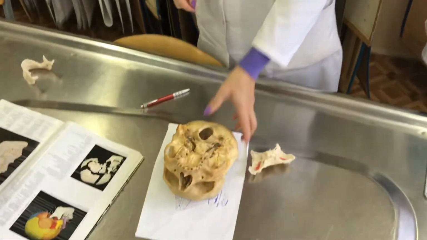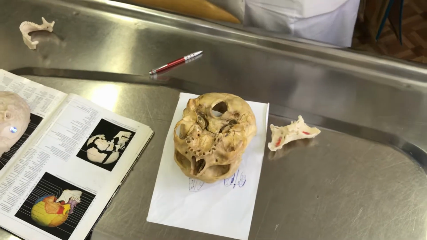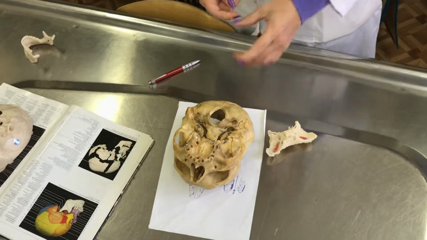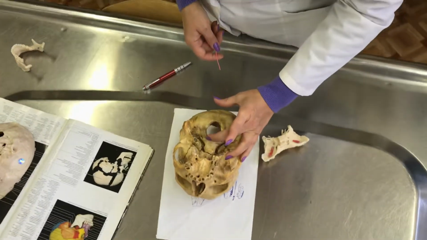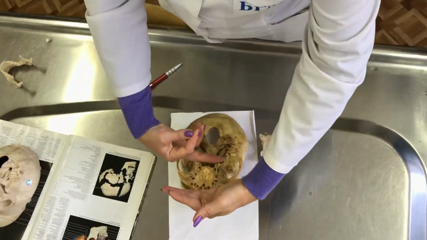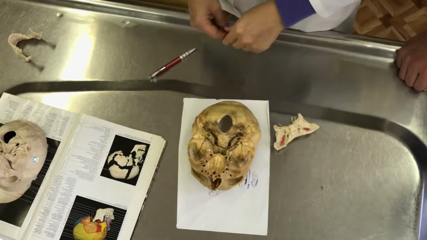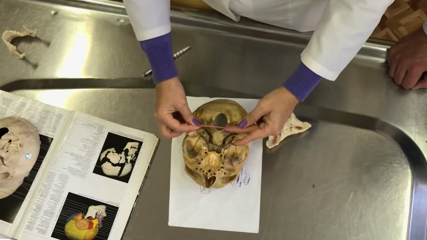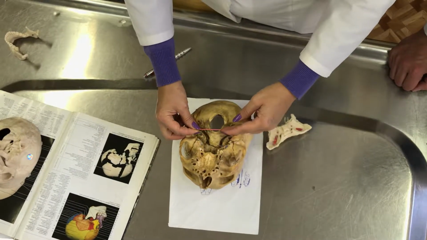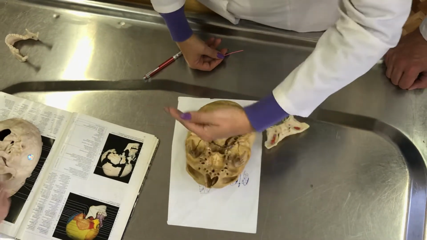External. We divided the external skull base into three parts: anterior, middle, and posterior. Anterior till the posterior side of the bony palate. Middle from the bony palate to the foramen magnum, and posterior till the end. Three sections.